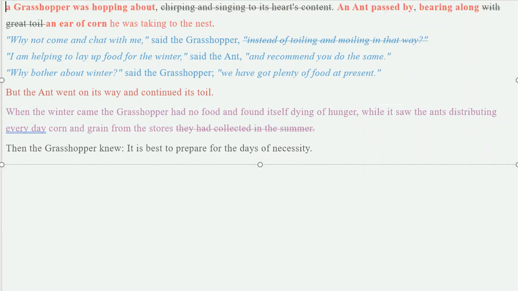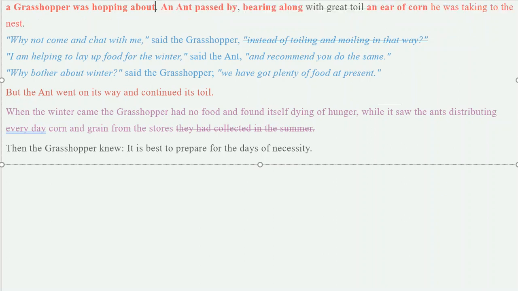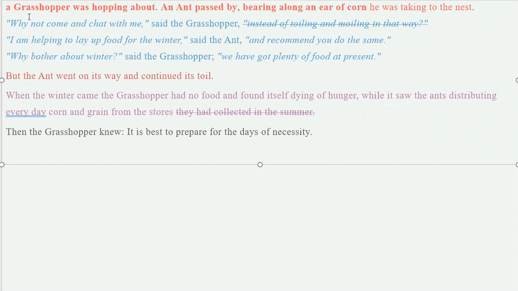So we had a grasshopper was hopping about. Do you like that sentence? It's good enough, right? It has everything that a grammatically constructed sentence should have, which is the verb and the noun. A grasshopper was hopping about. Perfectly good sentence. An ant passed by, bearing along an ear of corn. So once we deleted all these things, did that help us understand the sentence better?